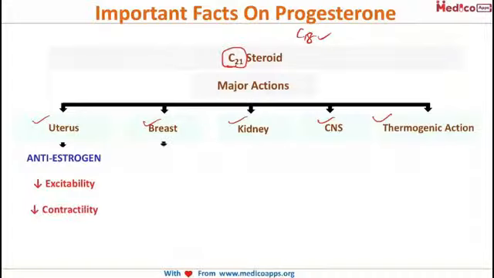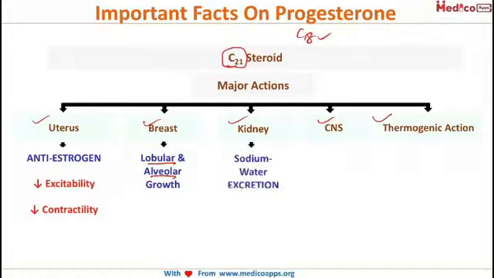And on the breast, however, it increases the lobular and alveolar growth of the breast. That is to aid in breastfeeding post-pregnancy, right? The next one, on the kidney, it is opposite to estrogen. It causes sodium and water excretion, okay? Just opposite to estrogen. So, it induces diuresis.